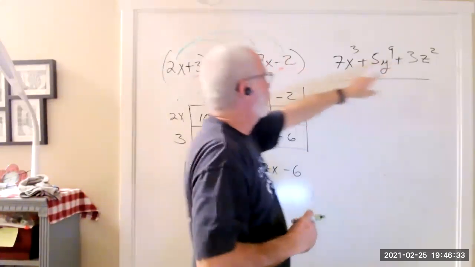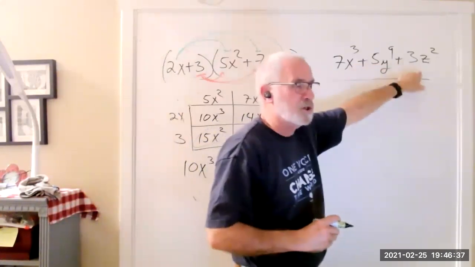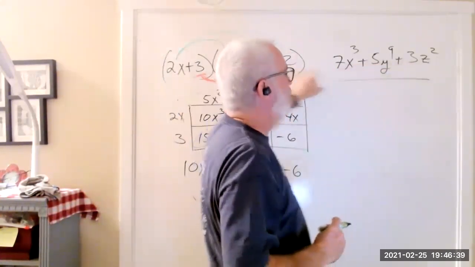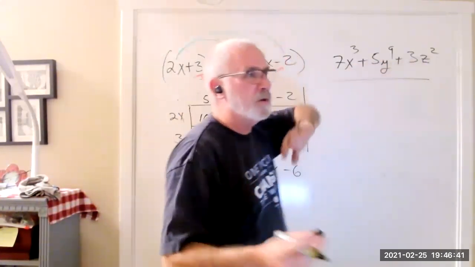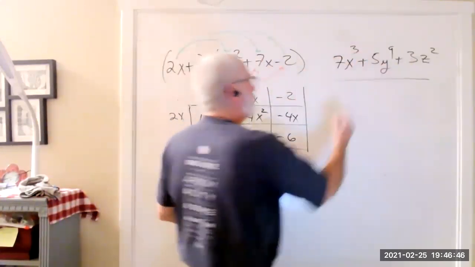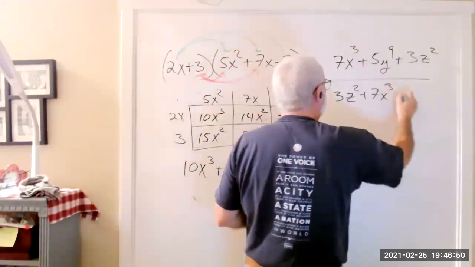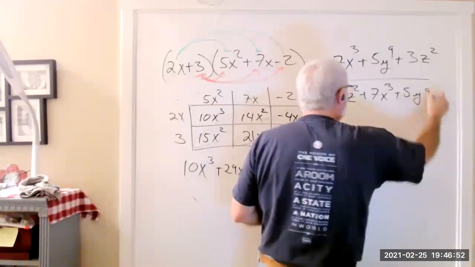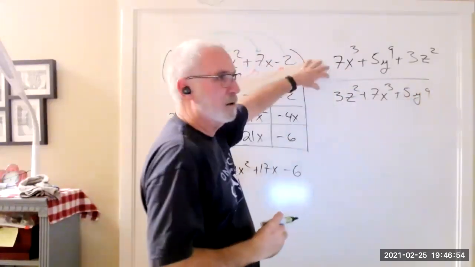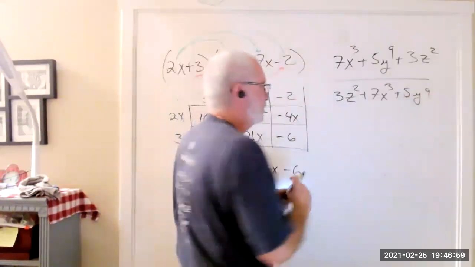It doesn't matter, did you put your x's first? Did you put your y's first? Did you put your z's first? So if they're all different variables, then you can throw the answer up in any order you want. If you want to say 3z squared plus 7x to the third plus 5y to the 9, that's cool. You can do that. You get 100% credit.